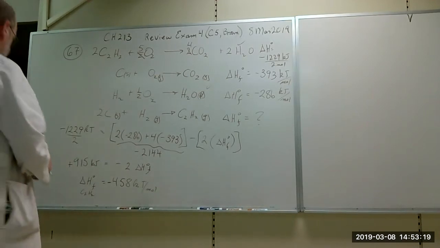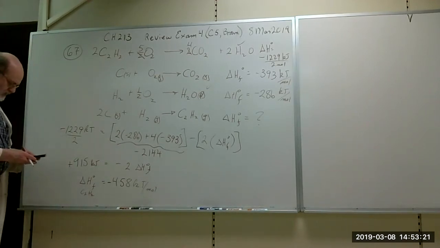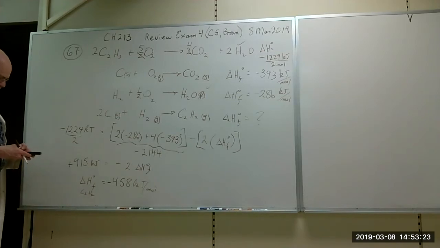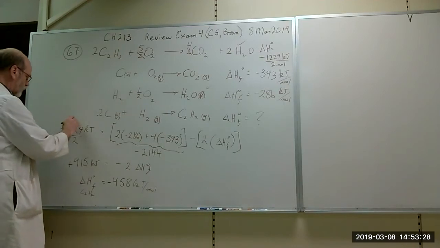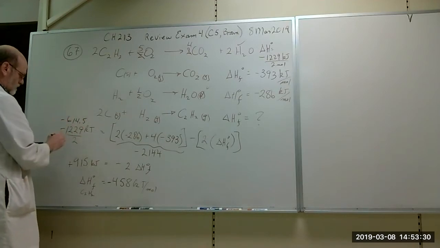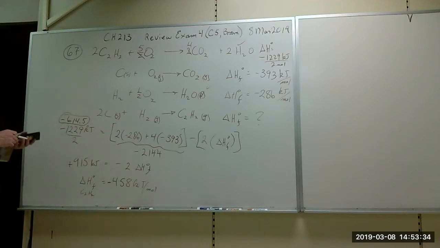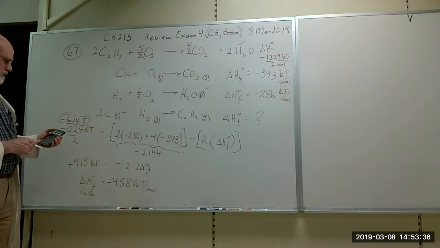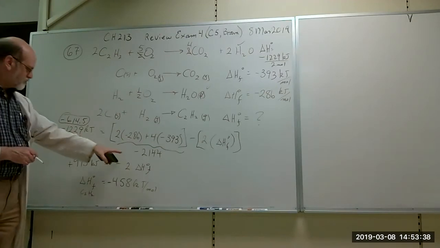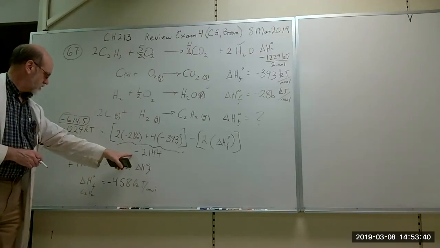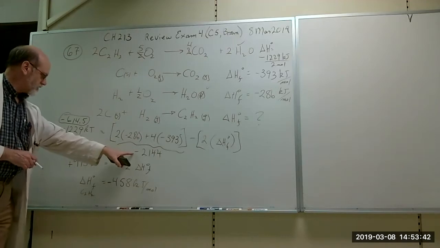Okay, we're running out of time. 1229 divided by 2, so that's 614.5. Then this is positive, negative here.